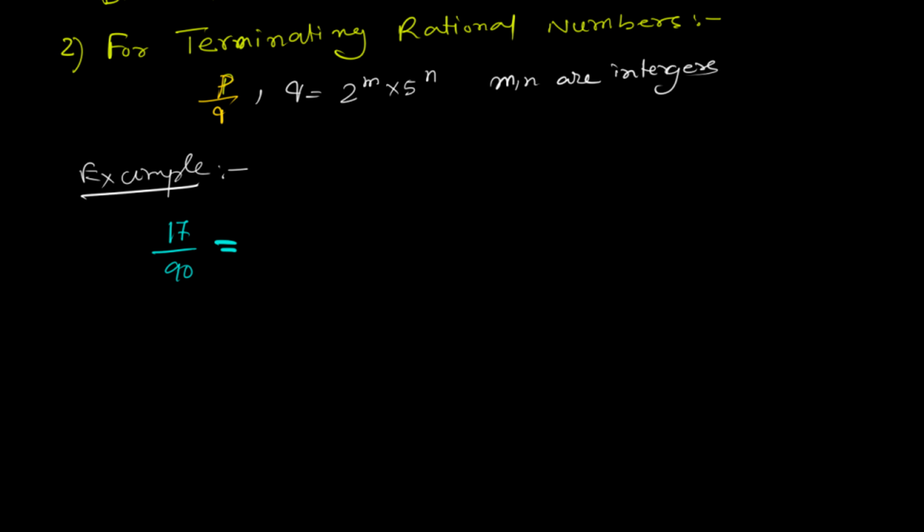Without actual division, we have to check whether it is a terminating or a non-terminating number. So we just need to take the denominator and prime factorize it.